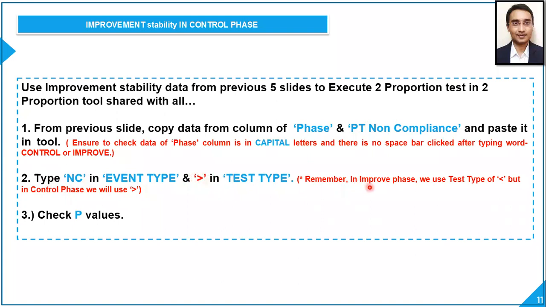Please remember, in the improve phase we used a test type of less than, but in the control phase we will use greater than. We need to remember this difference. And finally, check the p-values, as simple as that. On that note, let's go to the next slide and check how it goes.